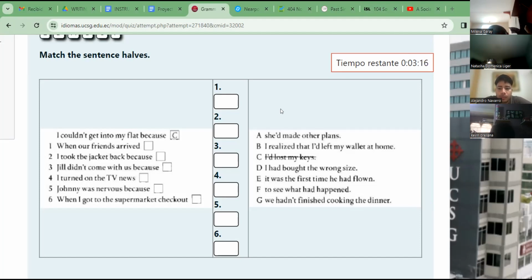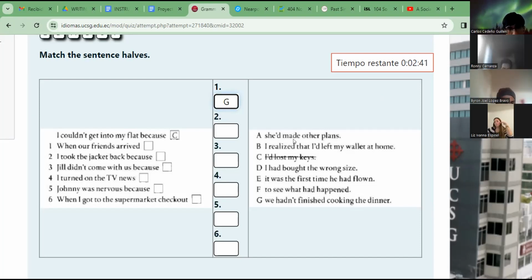Okay, let's check. Natasha, please read number 1. When our parents arrived, we hadn't finished cooking the dinner. Okay, let's see. What do you have in number 2?